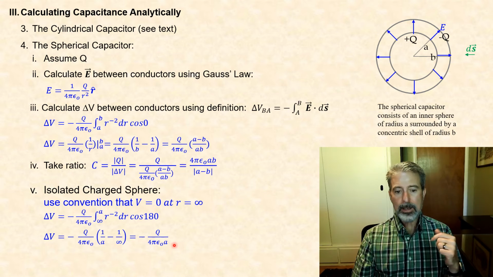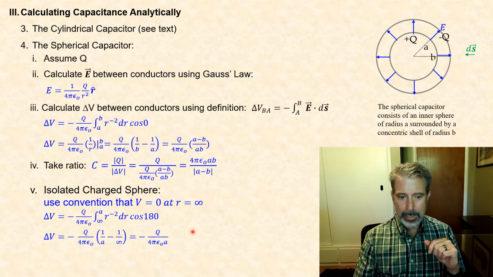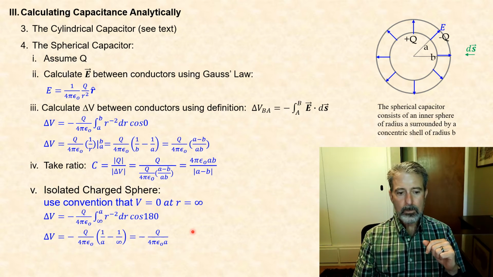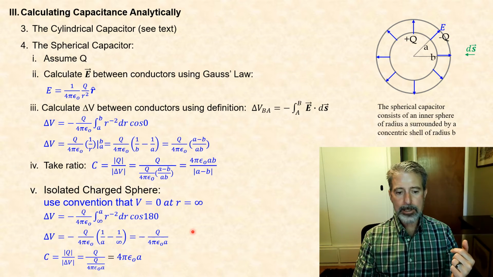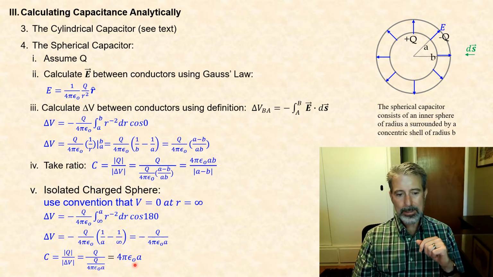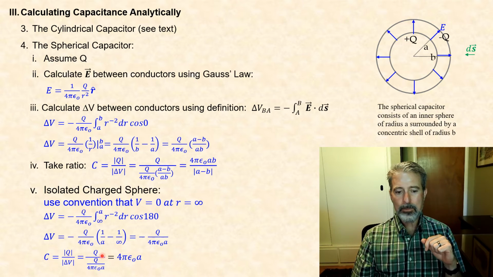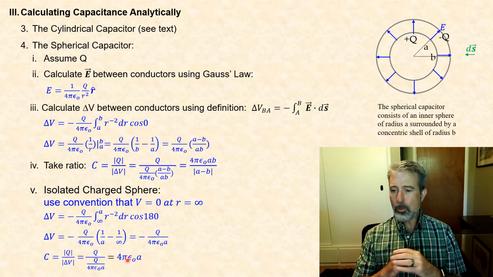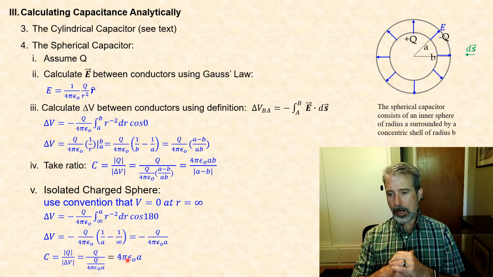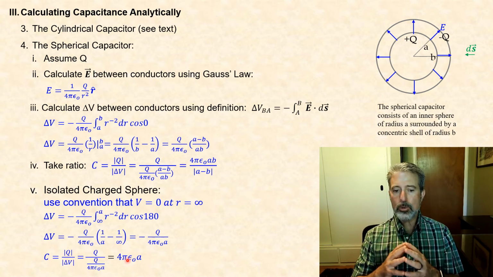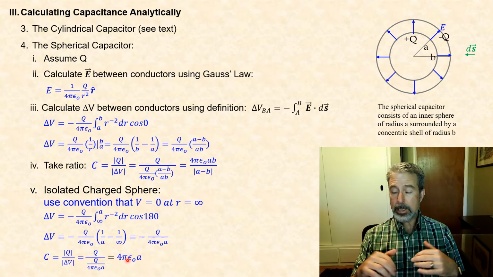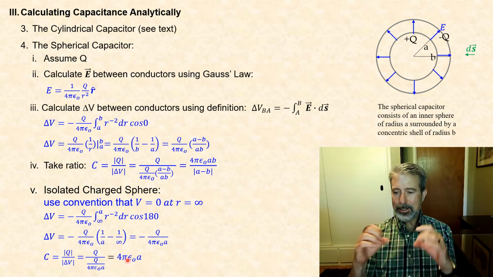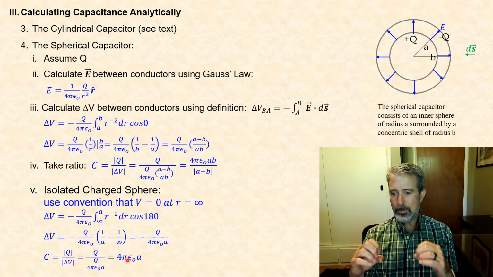So I want to point out here that when we calculate the capacitance, taking that ratio, believe it or not, this expression you've come across before. Do you remember when you did the lab on Coulomb's law, where you needed to find out, in the Coulomb's law apparatus, which was this torsional pendulum, you had those conductive spheres.